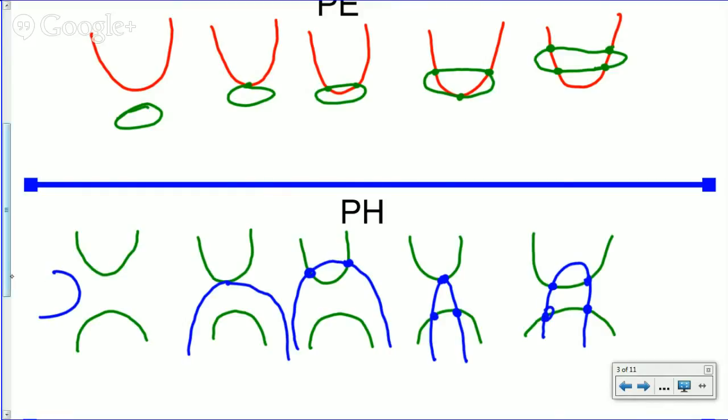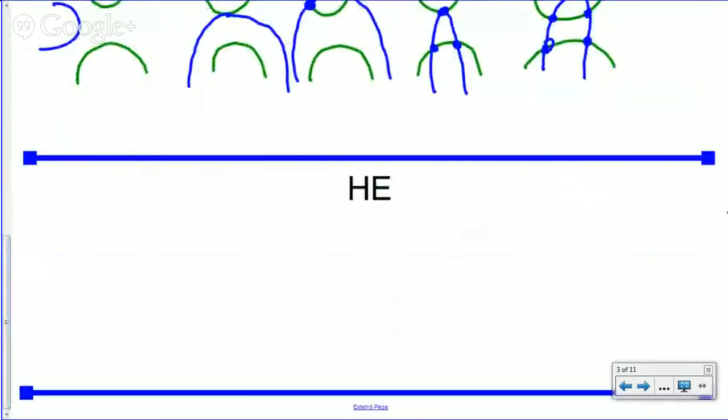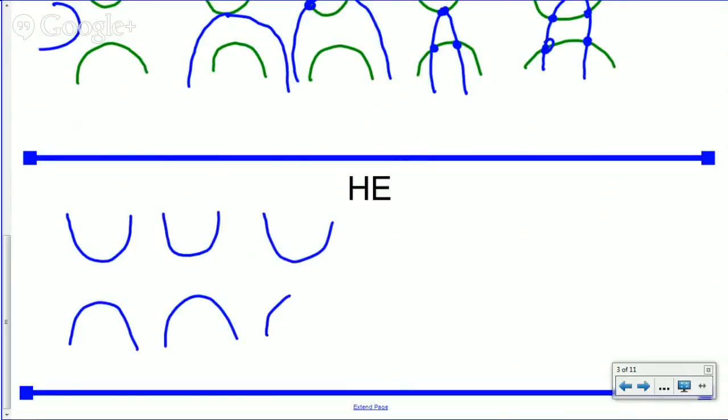Okay. Let's see if I can do hyperbola and ellipse. So let me draw some hyperbolas out here. And these are just some basic ones that we might look at. These are not the only ones that you can have. Again, you can have many different combinations. We could even throw a line in here and have 3 equations if we so choose to do.